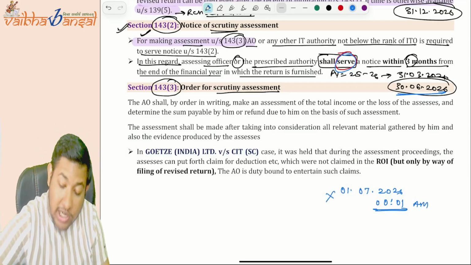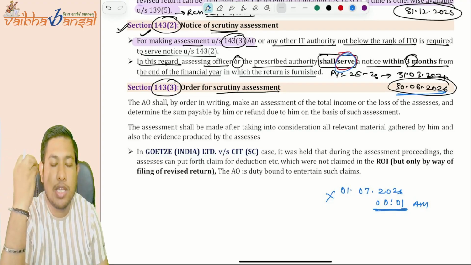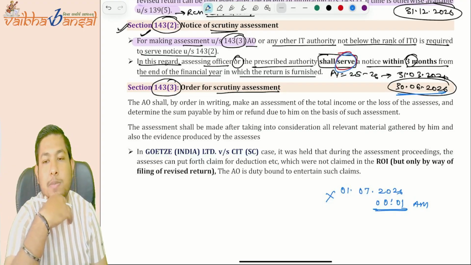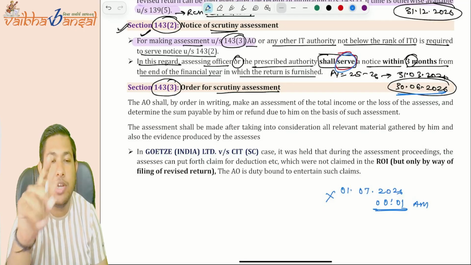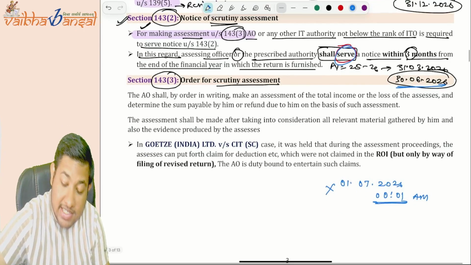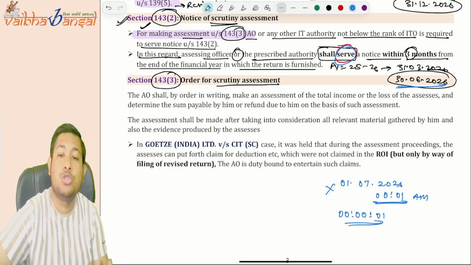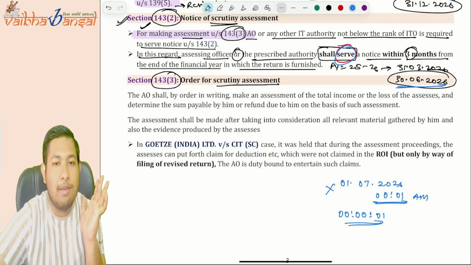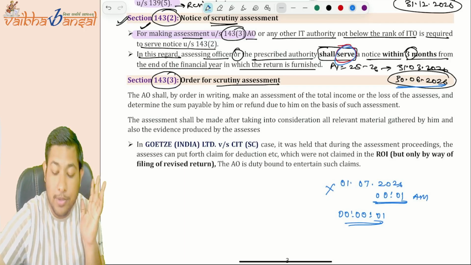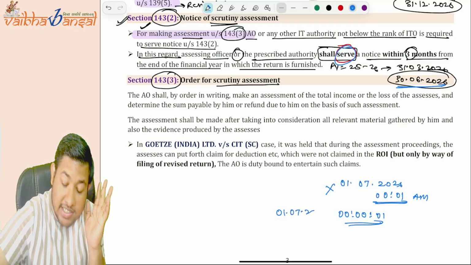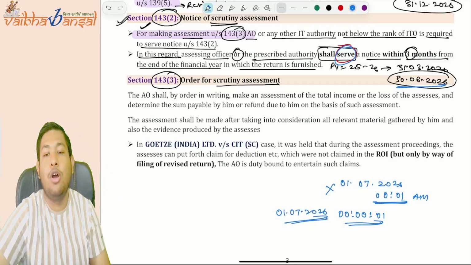This is also invalid. Now the department cannot open the scrutiny assessment on me, whether it is late by 1 minute or even 0.000001, it does not matter. The scrutiny assessment cannot be done because the date changes. I received the mail on 1st of July 2026.